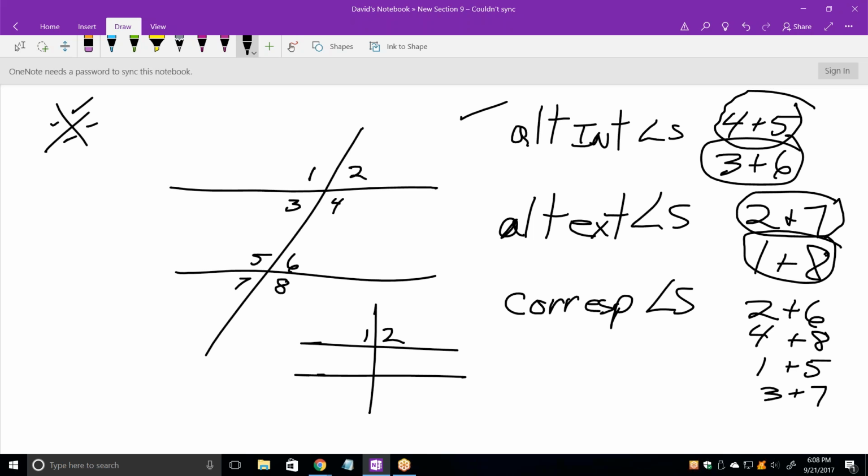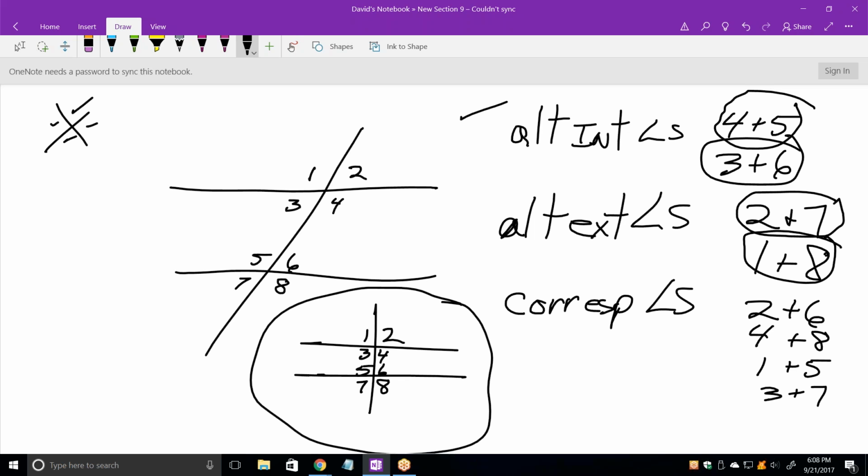So in a situation like this, I can't just determine which is the acute and which is the obtuse. The only way I can figure this situation out is with these three theorems. Each one of these is a theorem that alternate interior angles are congruent.